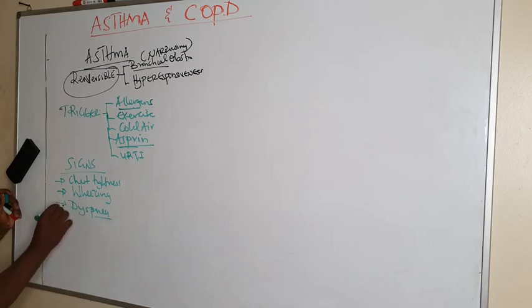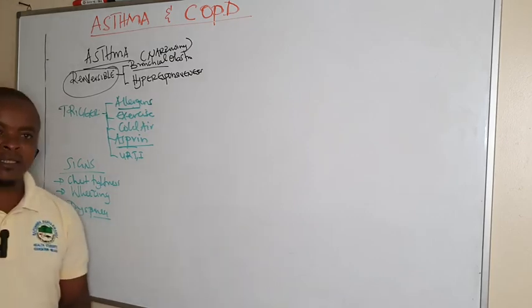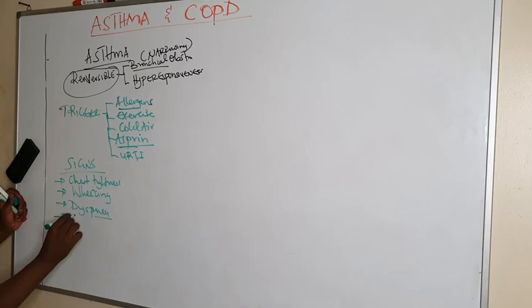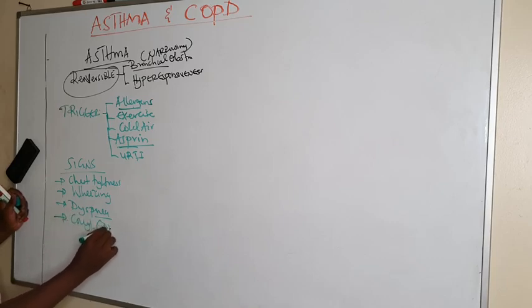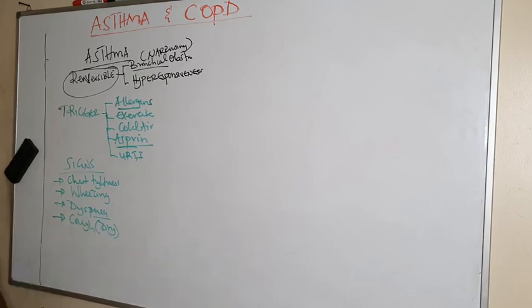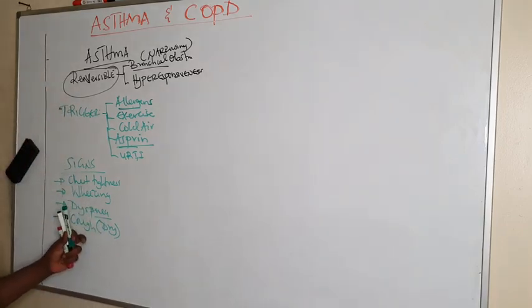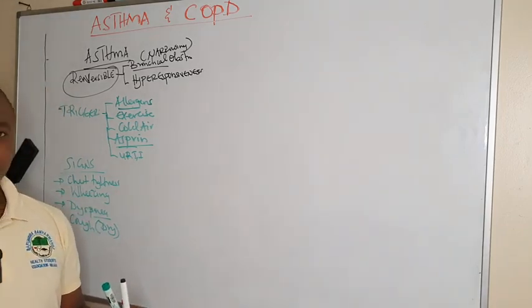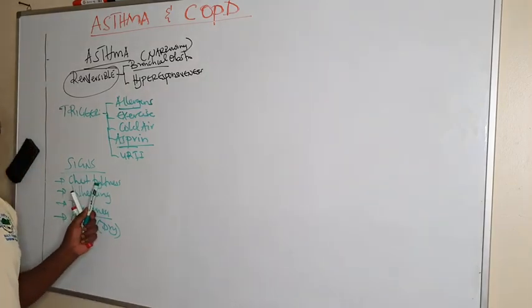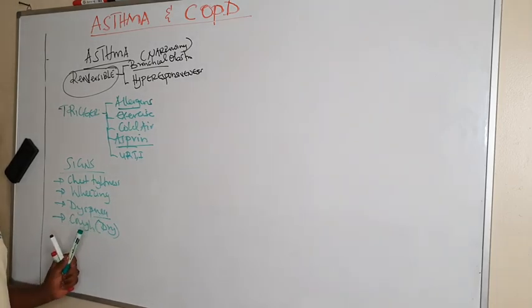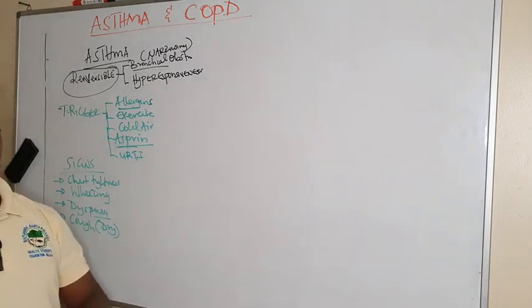So these are the major three signs, not forgetting cough. And the cough in asthma is always dry. So these are the signs and symptoms in asthmatic patients: chest tightness, wheezing, dyspnea, that is shortness of breath, and cough, which is always dry.